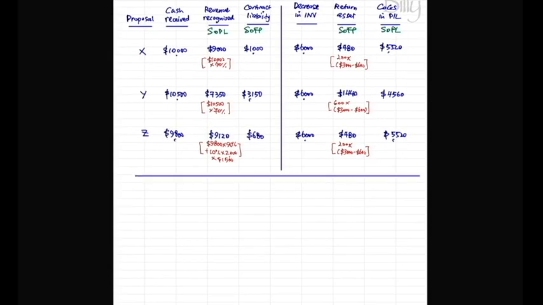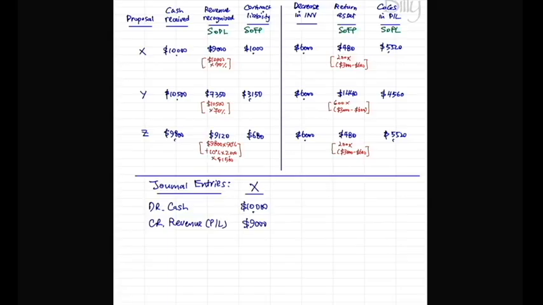For discussion purposes, let's look at the journal entry. For Proposal X, we have to debit cash. We receive $10 million, and out of this $10 million, revenue should be 9,000. The 1,000 remains unearned, considered a contract liability. If you account for revenue, you must account for the cost of the revenue.